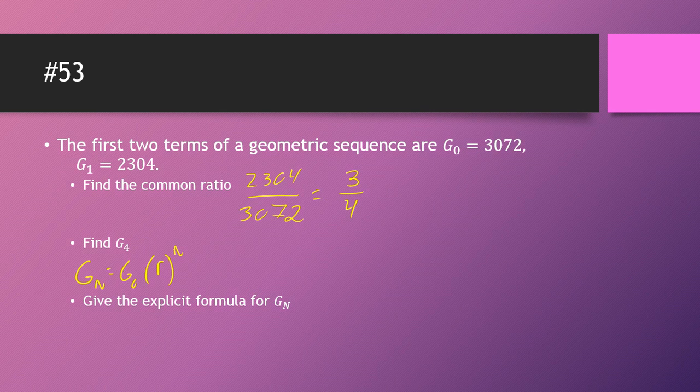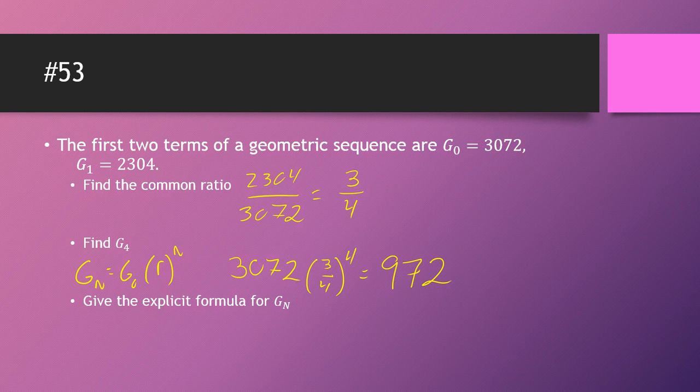So when we plug in our numbers, g sub 0 is 3072, the ratio is 3/4, and we take it to the fourth power because we want to find the fourth one. When we multiply that through, 3/4 to the fourth and then 3072 times that, we end up getting a nice integer of 972. That would be the fourth number in this sequence, by taking 3/4 of the numbers and going down.